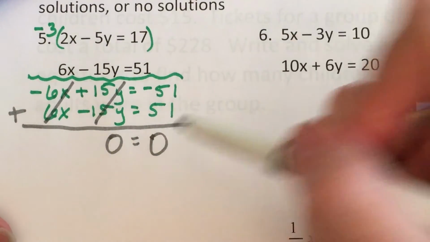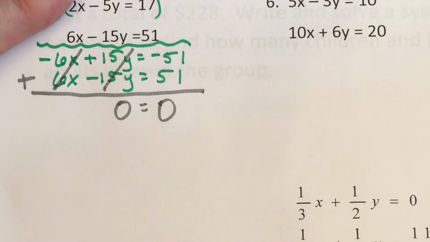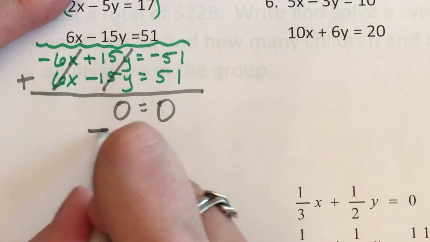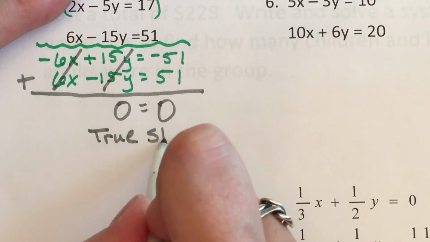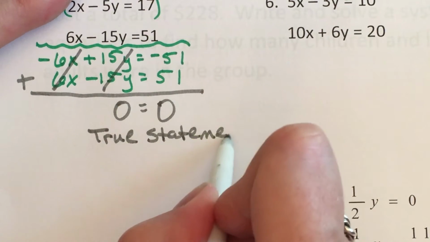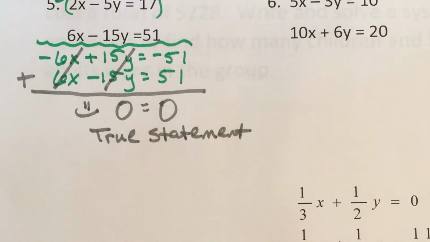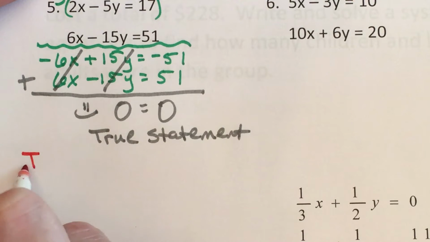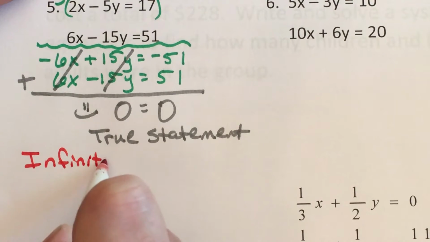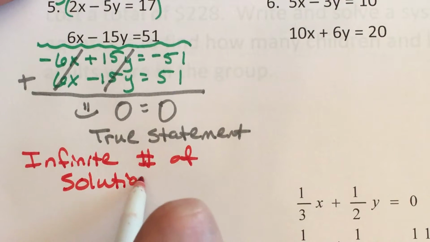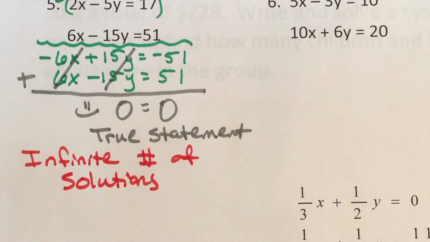Hey, does 0 equal 0? Yes, it does. That's sad, but it is a true statement. This is true, and as a result, when it's true, we have how many solutions? An infinite number of solutions. Done. There you go.